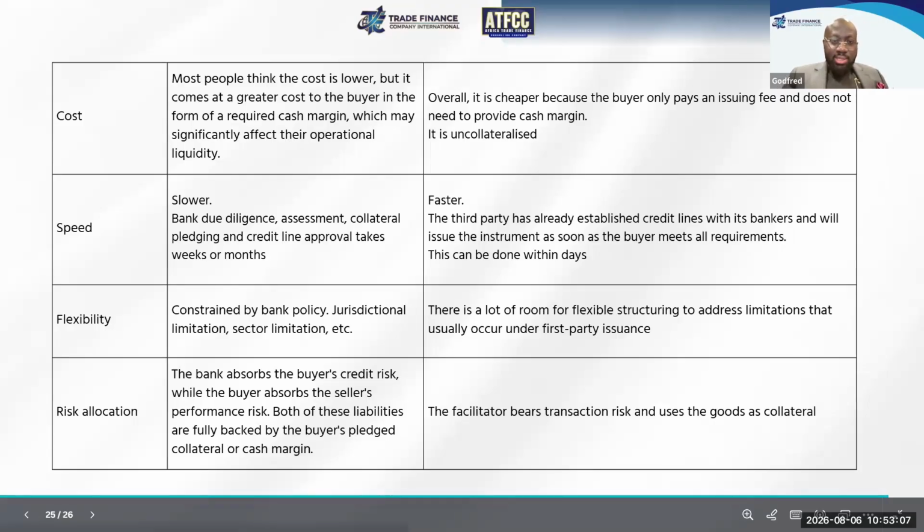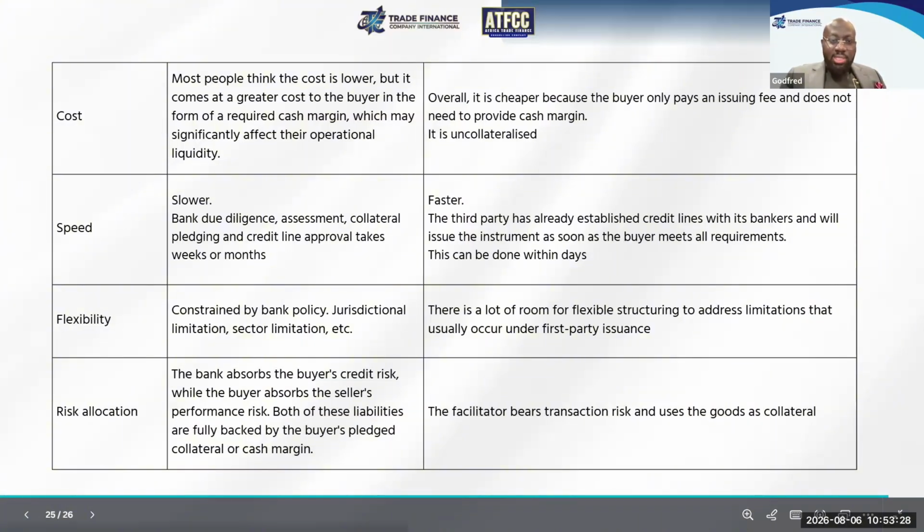And there's also the risk allocation. In the first party issuance process, the bank absorbs the credit risk, whilst the buyer absorbs the seller's performance risk. Both of these liabilities are fully backed by the buyer's pledge, collateral, or cash margin.